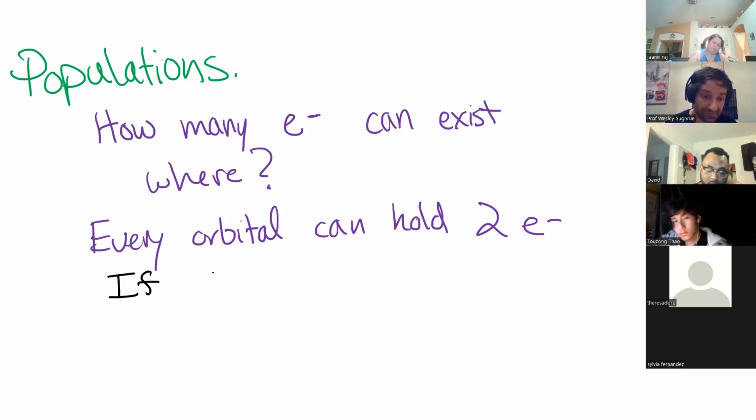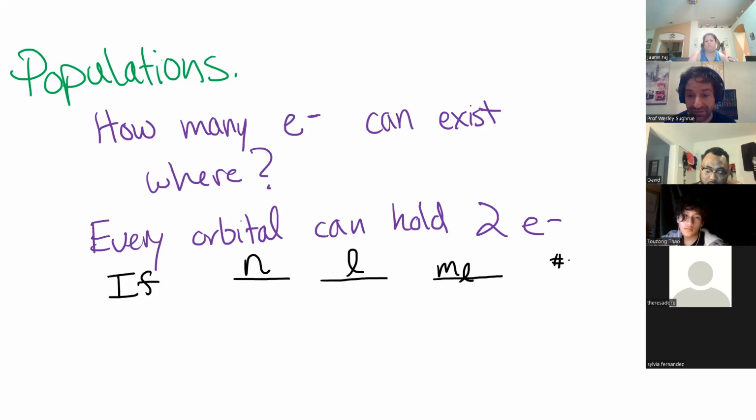If we look at value of n, value of L that can exist within that n, value of M sub L, then we can look at number of electrons in n, the city, and we can look at number of electrons in L on that street.